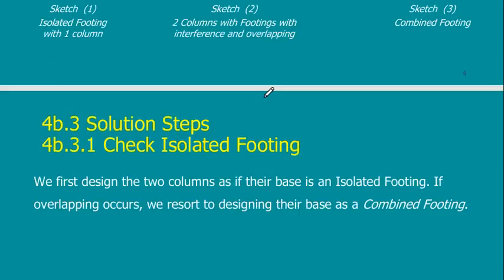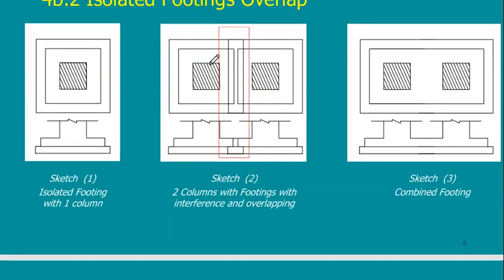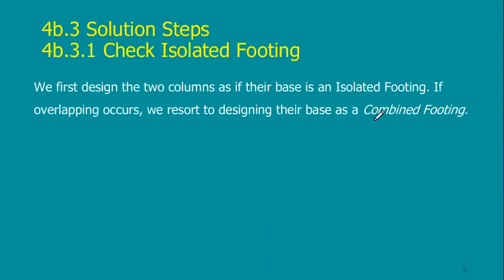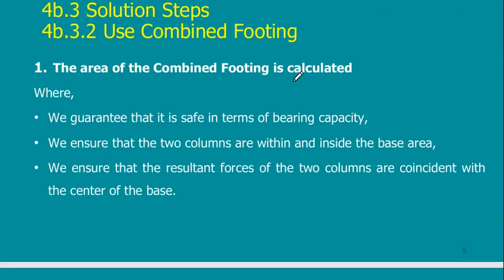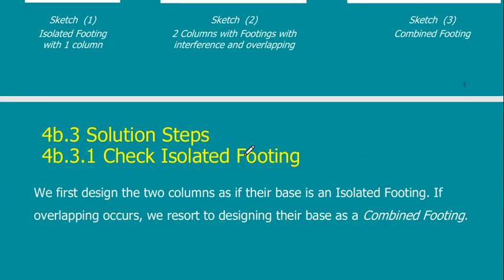Here, if I increase this width and decrease this length, if it is possible to do this and I still have isolated footings, I would do it. But if I can't and I find that they are overlapping each other, then I will have to do a combined footing. So the first thing is check isolated footings for both.